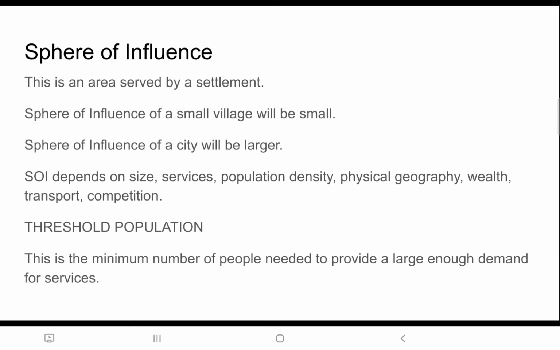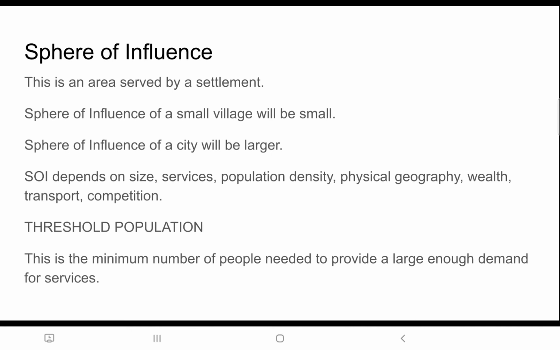You need to know what these factors are. So your sphere of influence depends on the settlement size and the services it provides, the area's population density, the physical geography, the wealth of people in the area, and the transport facilities that are available, and is there competition from other settlements.